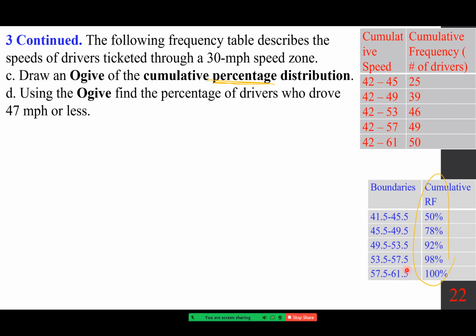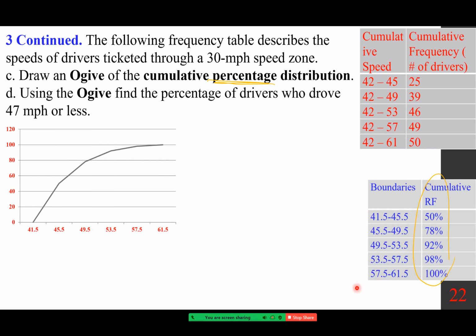And in front, the lowest boundary, that means the lower boundary of the first class, corresponds to 0. The highest boundary, that means the upper boundary of the last class, corresponds to 1 or 100%. In between, this one corresponds to 50%, this one corresponds to 78%, and so on and so forth. And it will look like this.